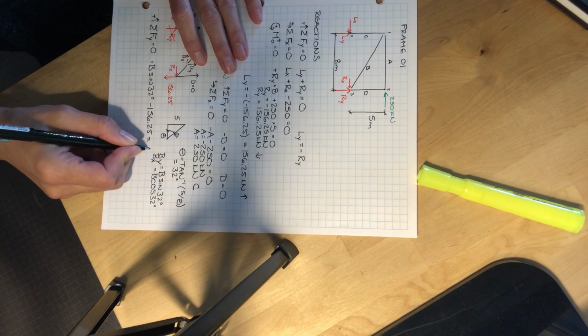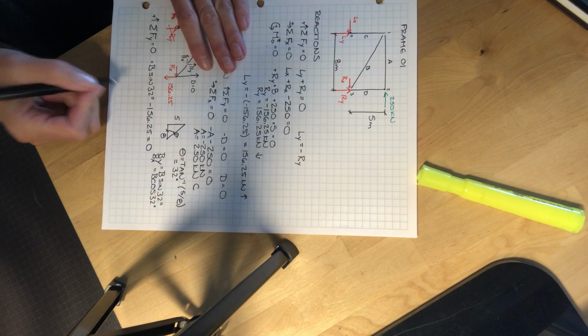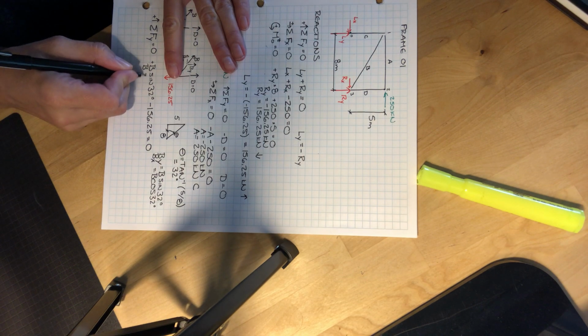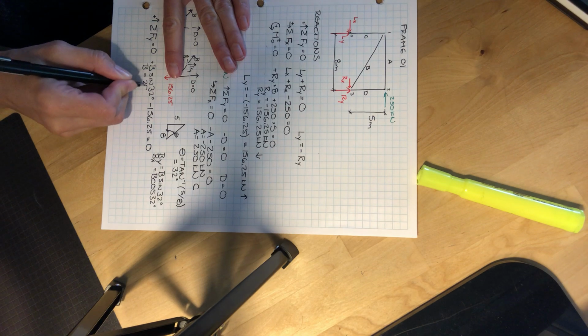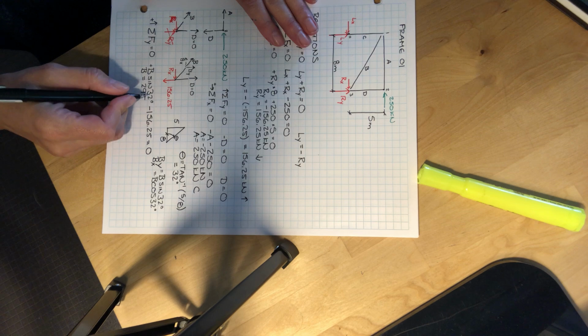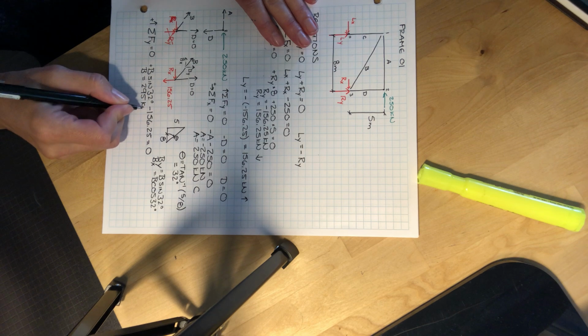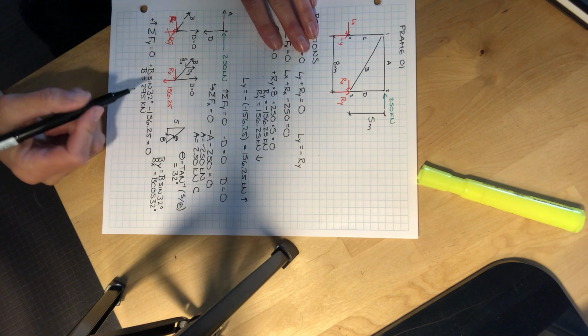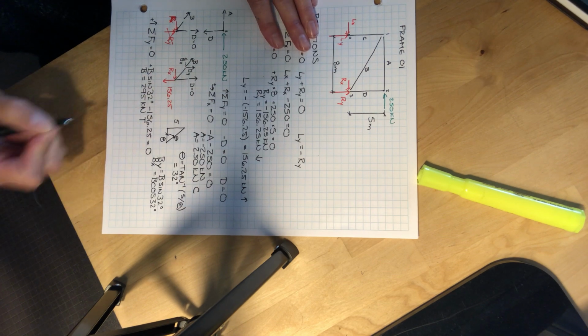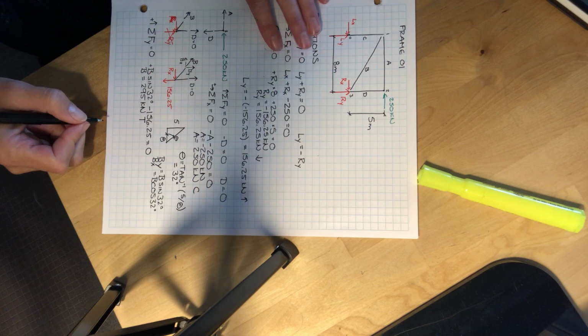And this has to equal 0. If I solve for this, I find that B equals 295 kilonewtons. It's a positive value, which means however I drew it is correct, and I drew it in tension. So let's just make that note to ourselves.